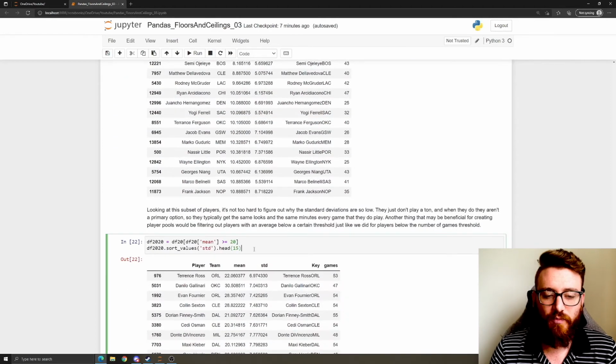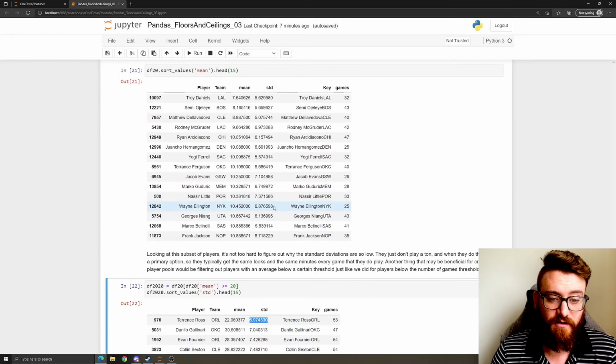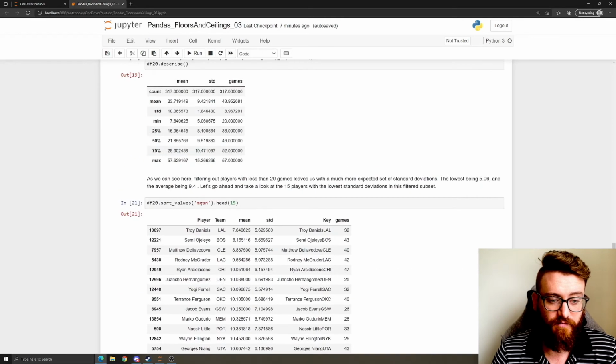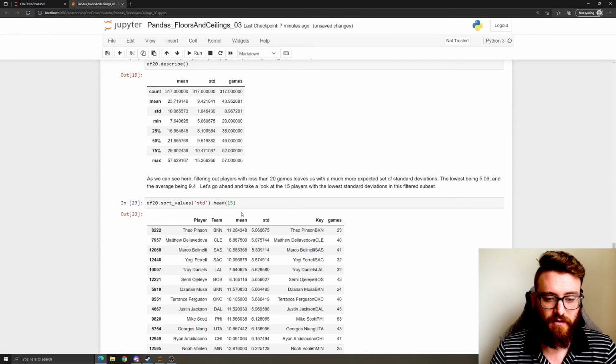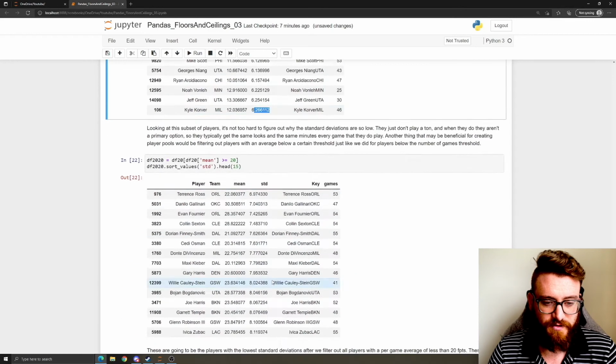So for our purposes, we're only going to be looking at players that are averaging more than 20 points a game. And then if we sort by standard deviation, we jump up to our lowest being 6.97, which was on our previous. Oh, it was not. Almost. 6.26.